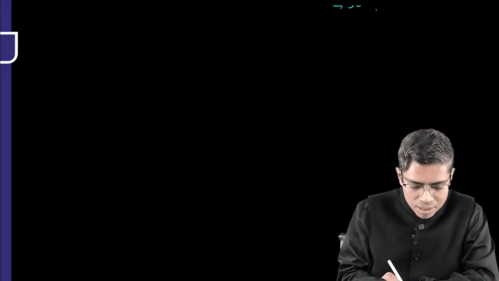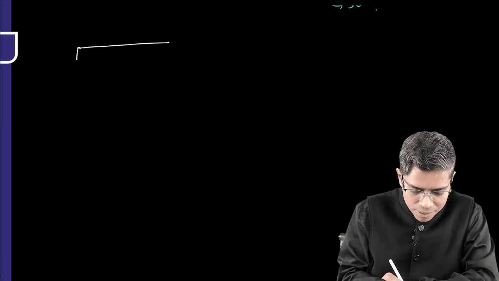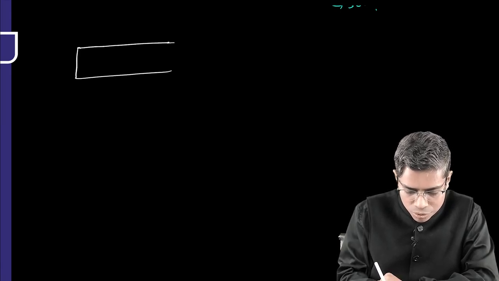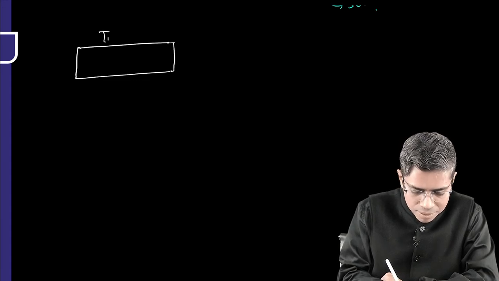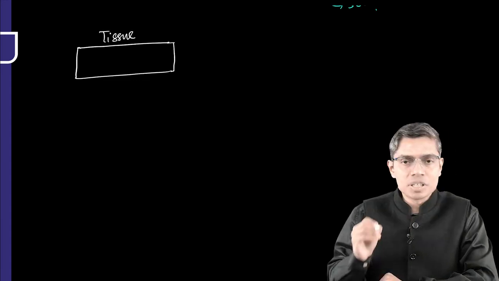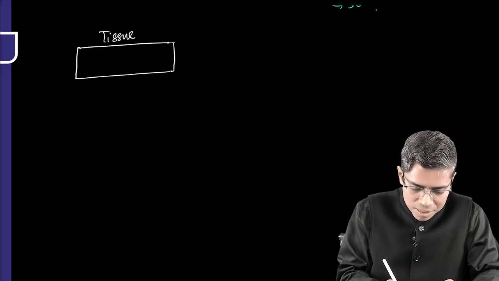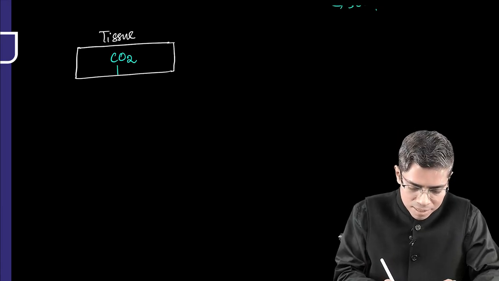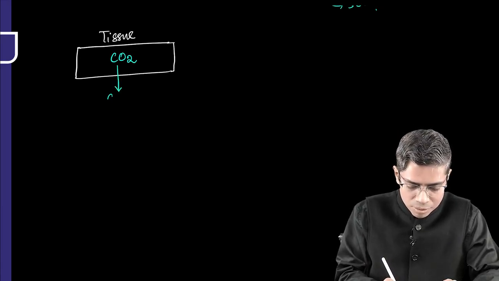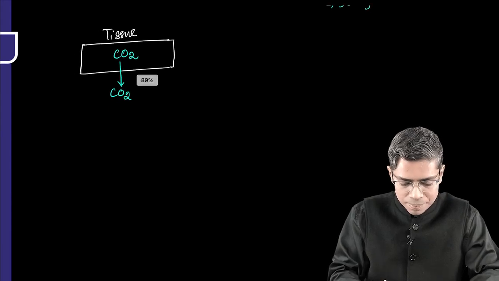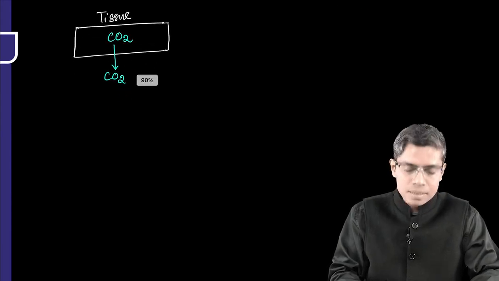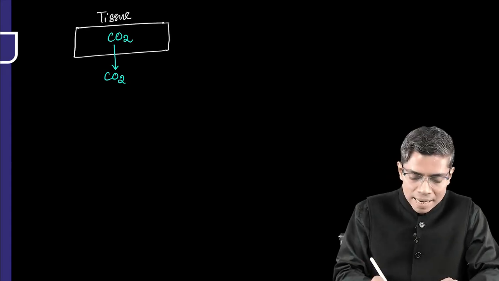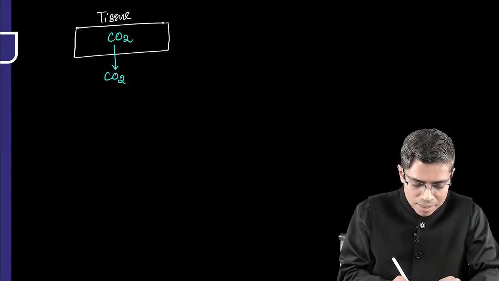So first we are thinking of the arterial blood, venous blood. Suppose this is your tissues, the representation of the body tissues. The tissue is generating more and more carbon dioxide due to metabolism. This carbon dioxide, by the process of diffusion, will come out of this tissue, right? Then this carbon dioxide will enter the capillary blood.